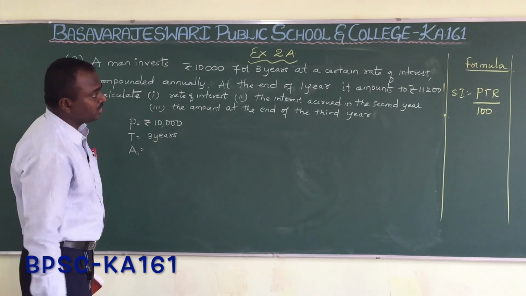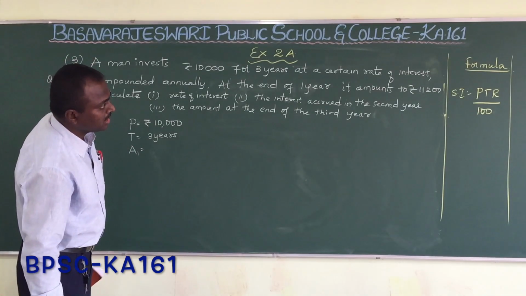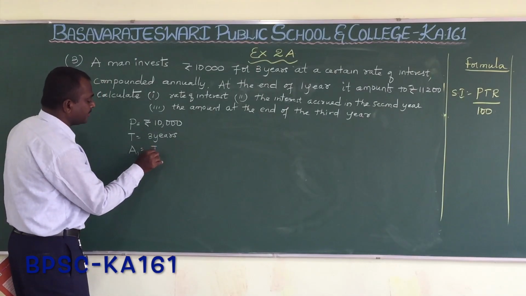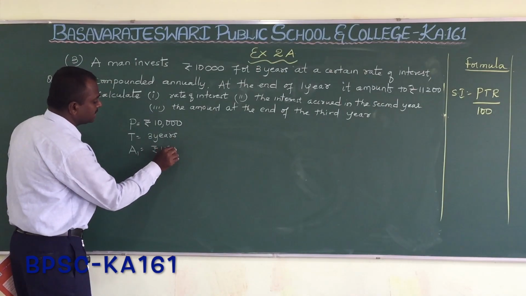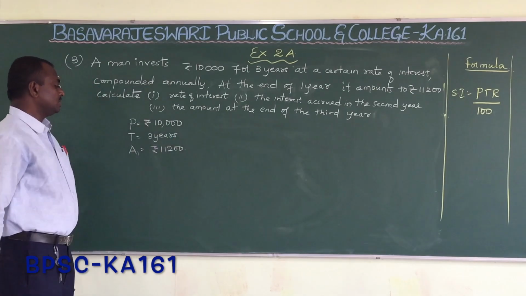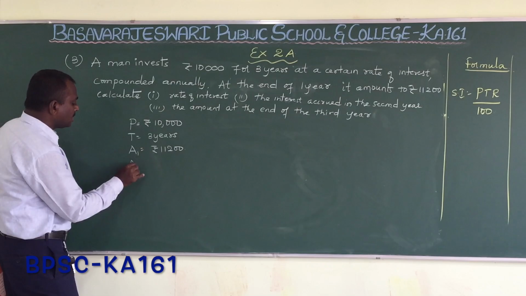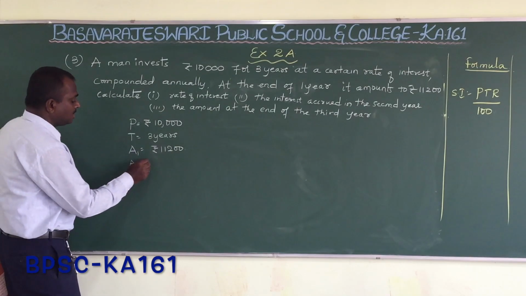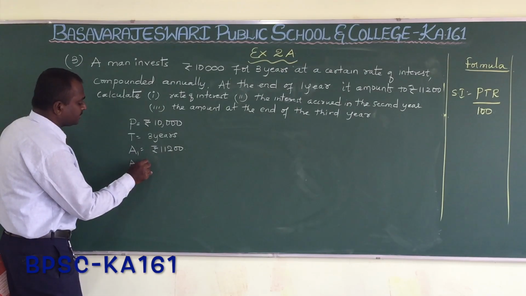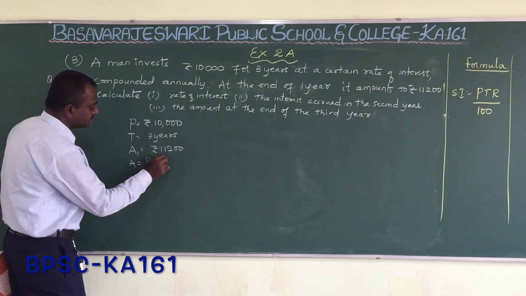Amount at the end of 1 year, that is nothing but how much? Rupees 11,200 is given. So we know amount is equal to what? Amount is principal plus interest, isn't it?